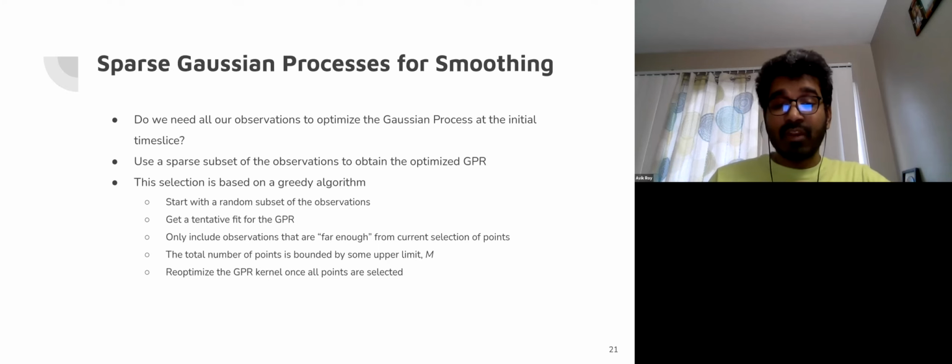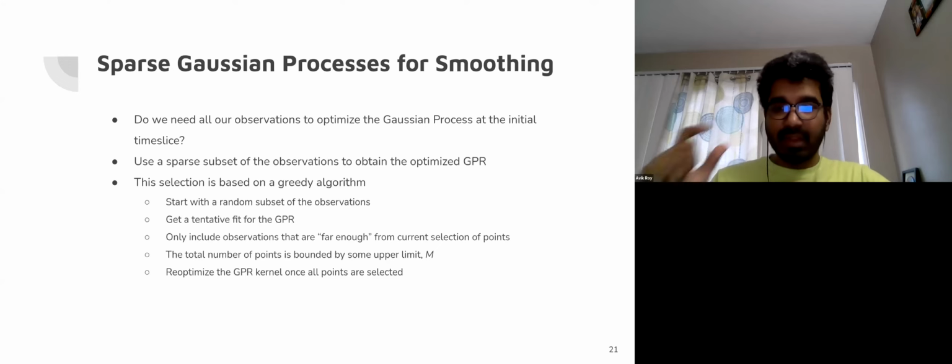We start with a random subset of the observations and then do a tentative fit for the Gaussian process regression with the random subset. Now, we try to include observations that are far enough from the observations already included in the selected subset to add new information to it. This is done based on a simple kernel threshold.